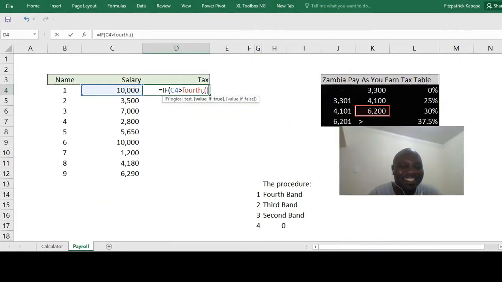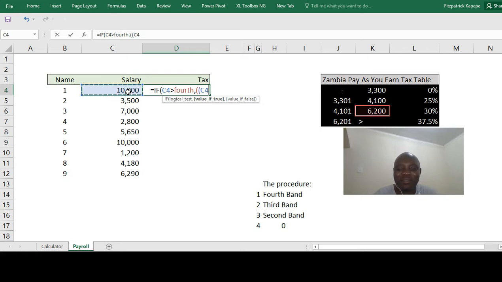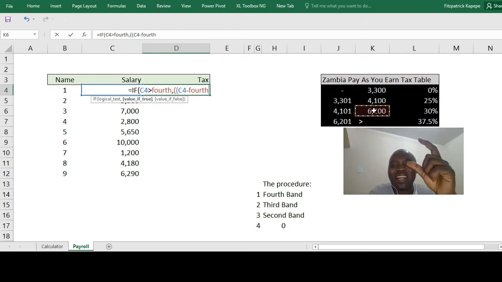So we continue. Now we have those two brackets. We start with the arguments again. It is going to be the 10,000 here minus 62, because we are actually looking at that difference after the fourth threshold. So we are saying after the 62, how is tax computed?